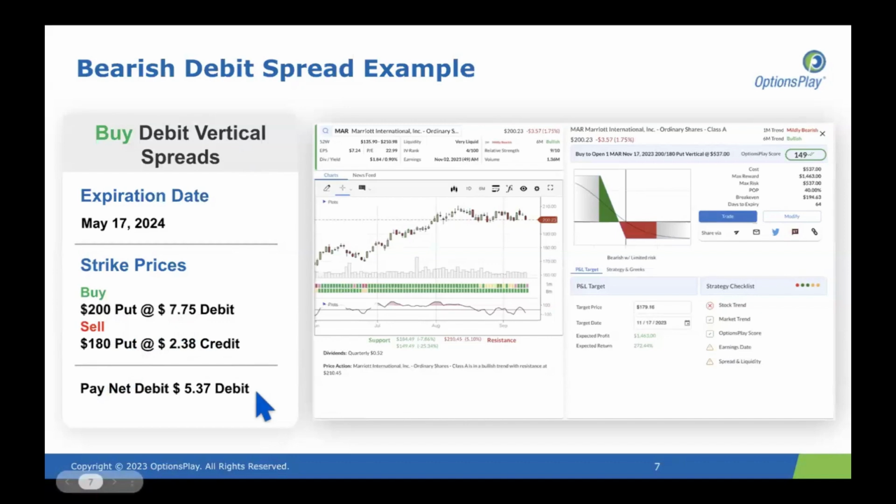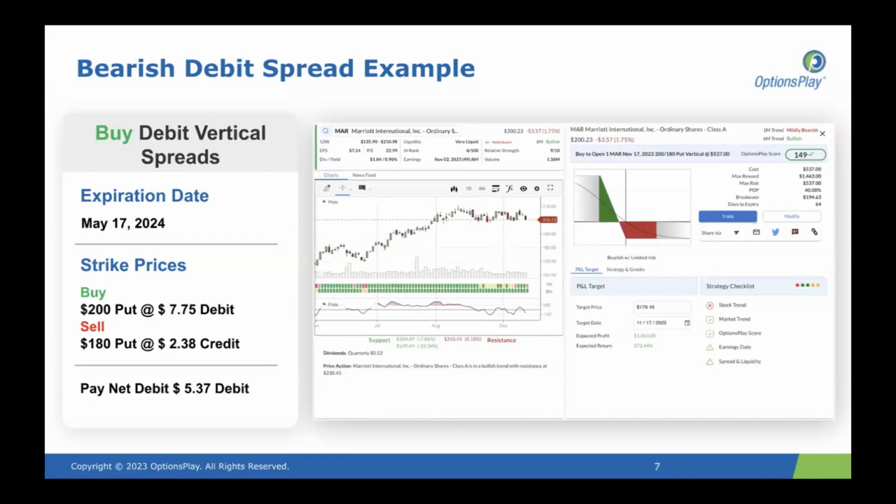Now, whenever you're entering this trade, I very, very rarely, I should almost say never, enter a spread and say I want to buy it at the current market price. So if I'm entering this order, I'm looking to enter it at what's called the net debit, and I pick that price and I send that to the trading floor.